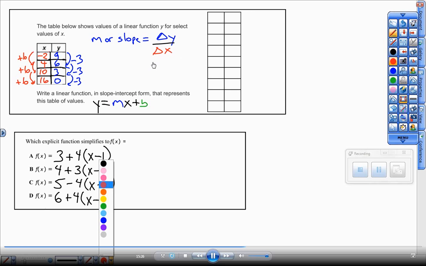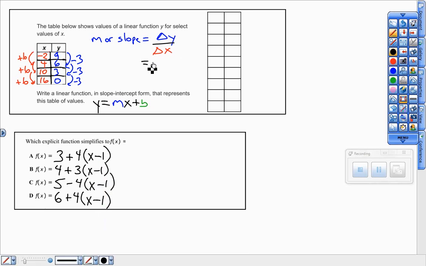So if I put those numbers in, that gives me negative 3 over 6, negative 3 over positive 6 here. So write that as positive 6. And that reduces to negative 1 over 2.